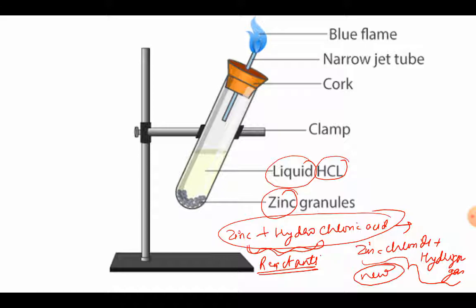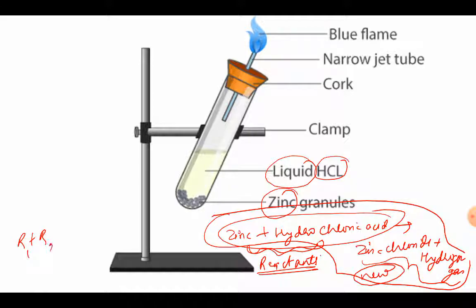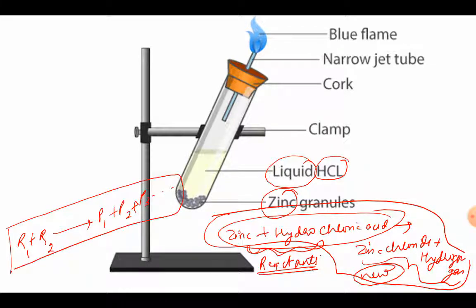And can we say that this entire change is a chemical reaction? Reactants may be two or more than two. They react with each other, they combine with each other, and they can form a single product, maybe two, maybe more. So this change of reactants into products, what do we call it? We call it a chemical reaction. Whenever there is a chemical change, that process is called a chemical reaction.